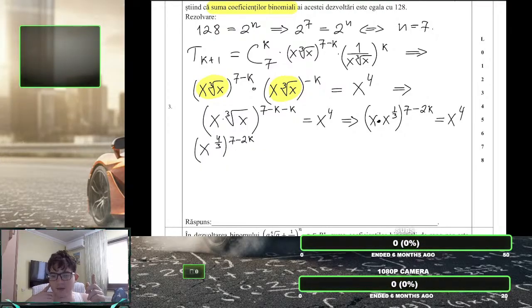In which case, the common denominator is going to be 3, and it's going to be 7 divided by 3.